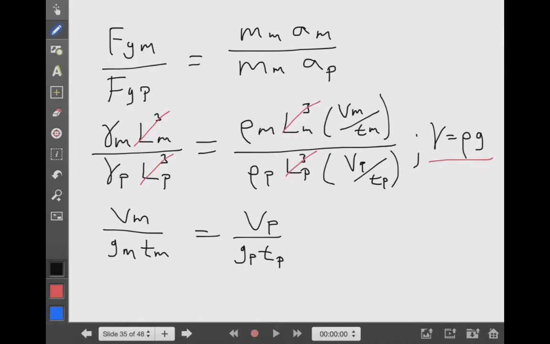And noting that probably the accelerations of gravity are going to be equal. It's going to be pretty hard in the lab to change the acceleration of gravity, so these things are probably equal.